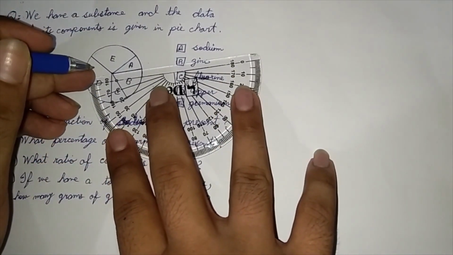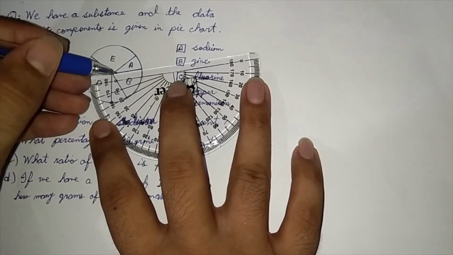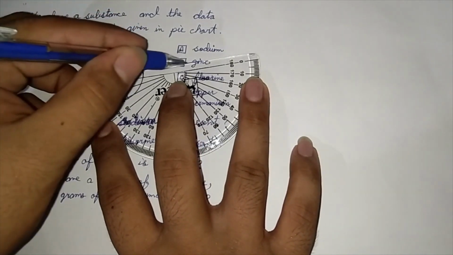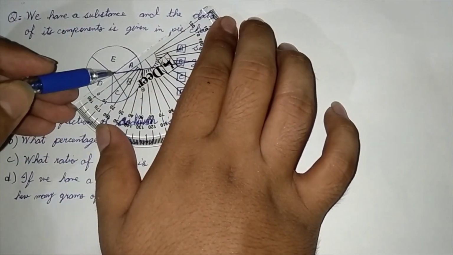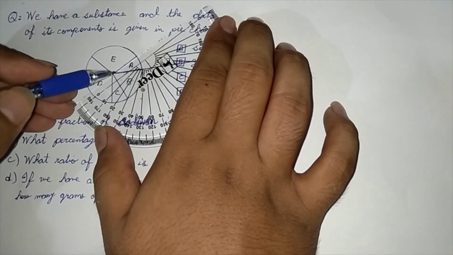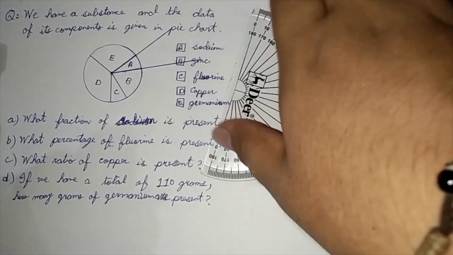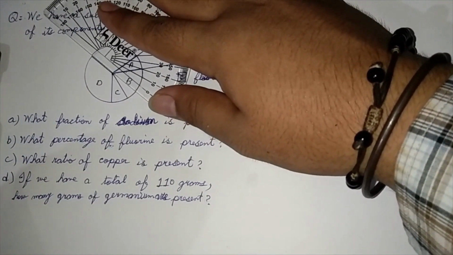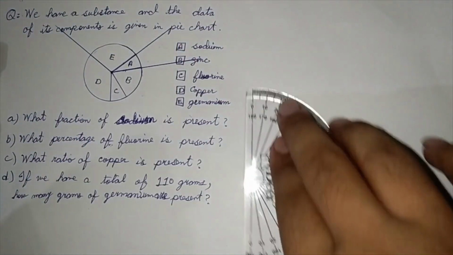Let me extend. You have to make it carefully. Okay, like this. You can extend all the lines. Okay, like this one.